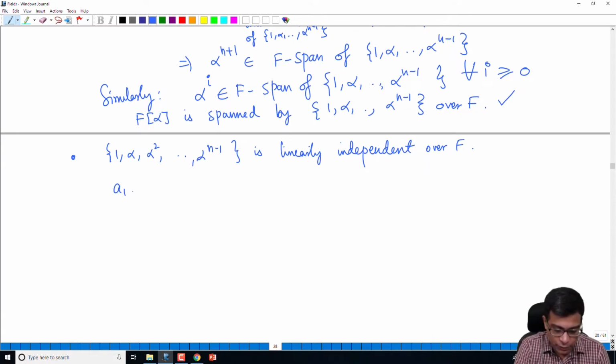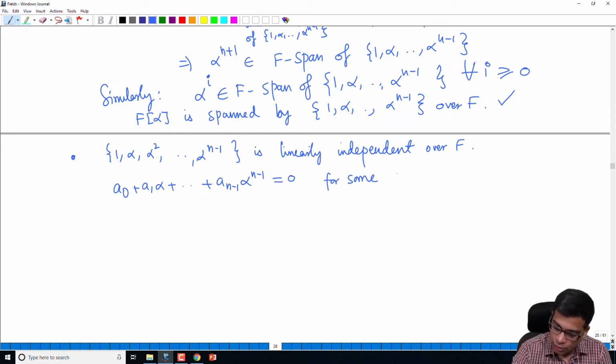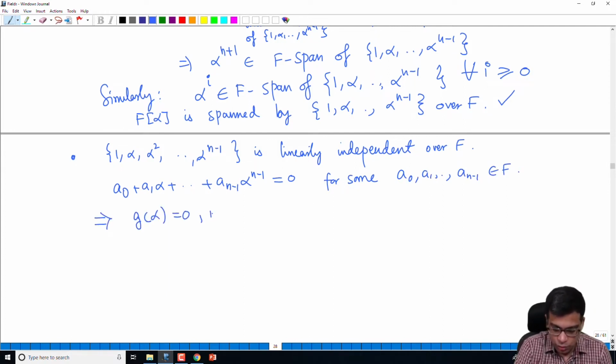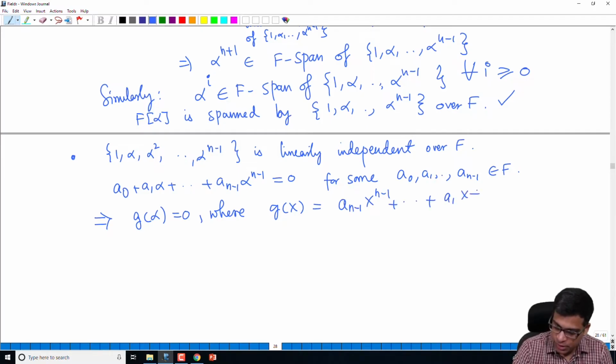Suppose a0 plus a1 alpha plus up to a_{n-1} alpha power n minus 1 is 0 for some a0, a1, up to a_{n-1} in capital F. But that means g of alpha is 0, where g of x is the polynomial a_{n-1} x^{n-1} plus up to a1 x plus a0.